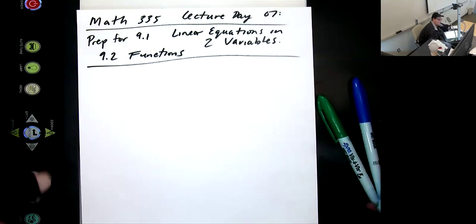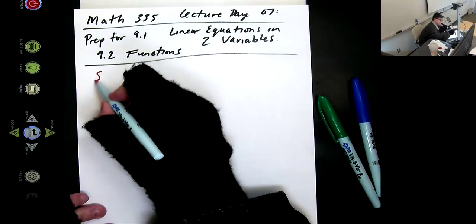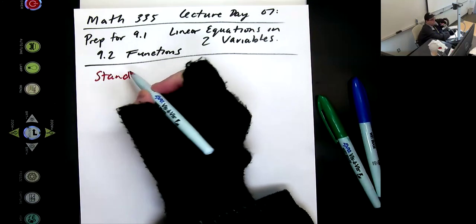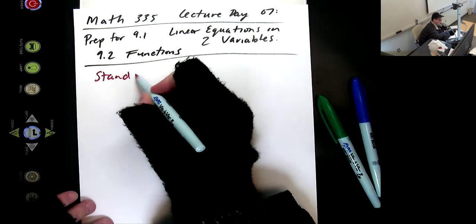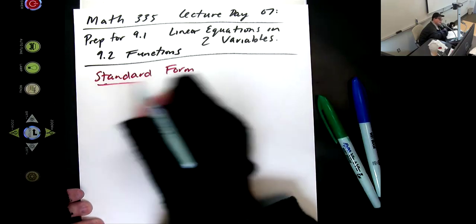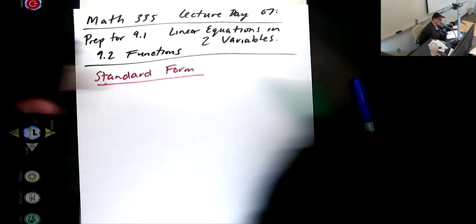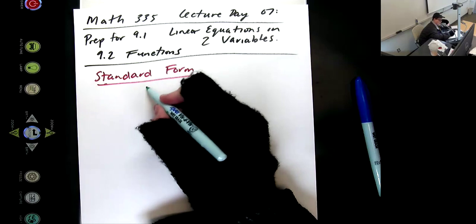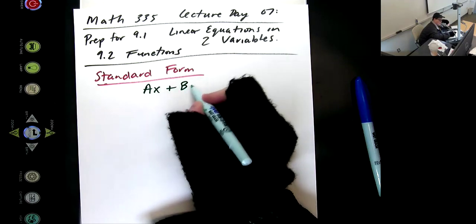The standard form is ax plus by equals c.